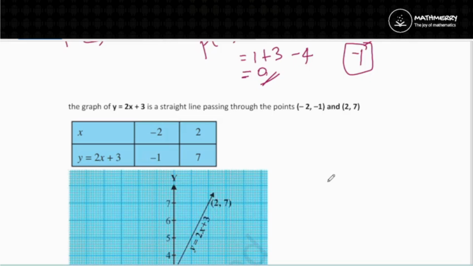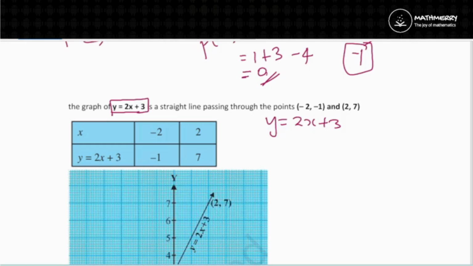Now, here is an example where a graph is given, and it is for a linear equation. Here we have a graph of y equal to 2x plus 3. When we take y equal to 2x plus 3, we are getting a straight line.